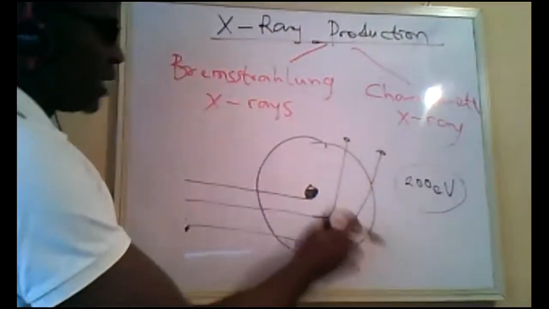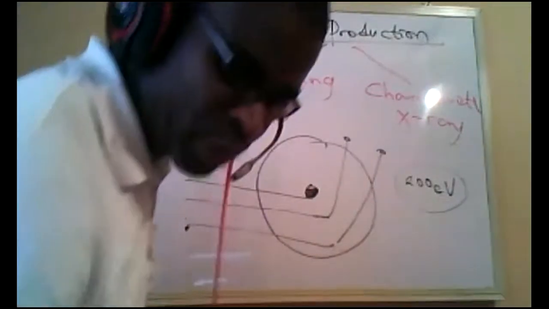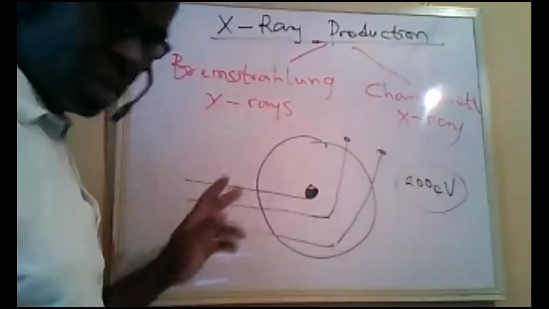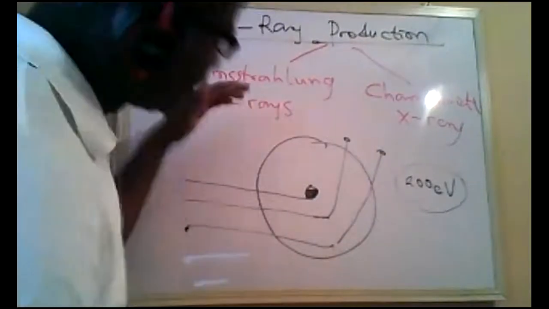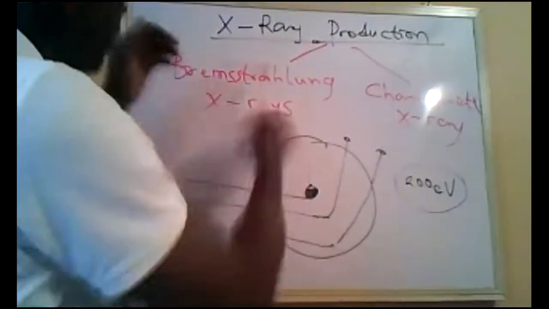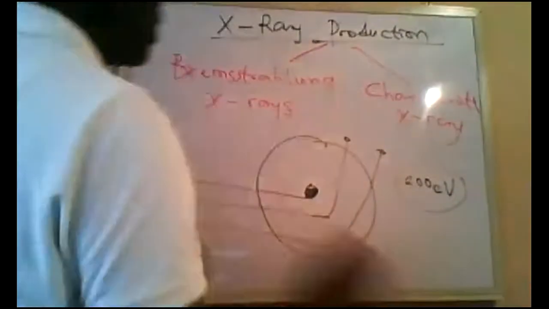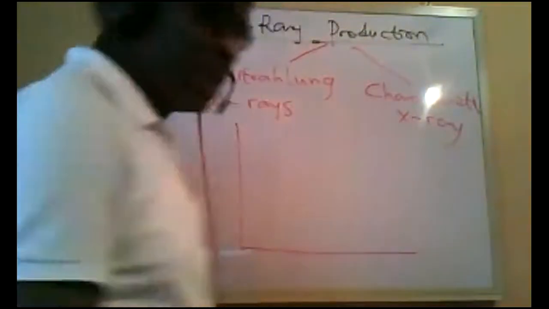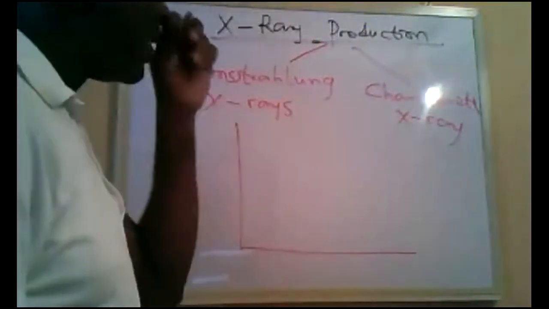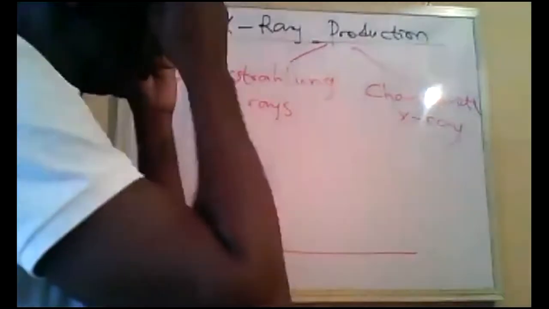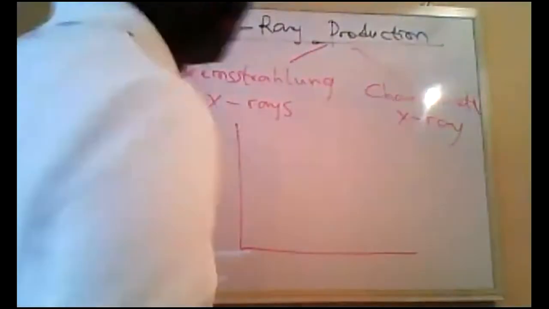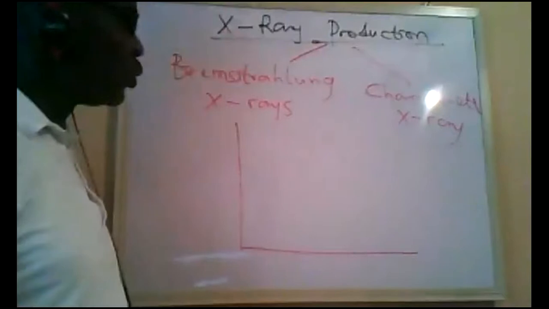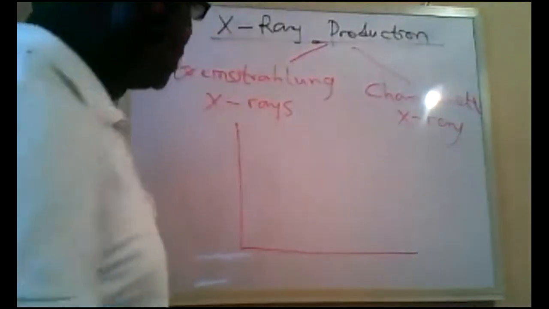So that is why, if you look at the Bremsstrahlung spectrum, it goes this way. Sometimes it might be required, like in the last Viva West Africa times, some of you were required to draw on this diagram.